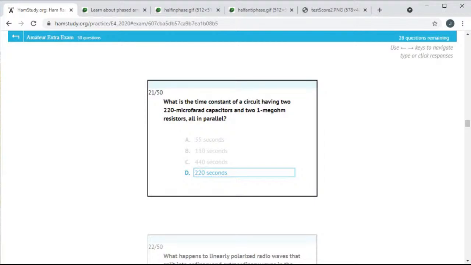So the 1 megaohm is actually going to be a half megaohm resistance, and capacitors in parallel add, so it's going to have a 440 microfarad capacitance. The question I don't know is how, once we know the capacitance and the resistance, what's the equation for the time constant? I'm not sure.